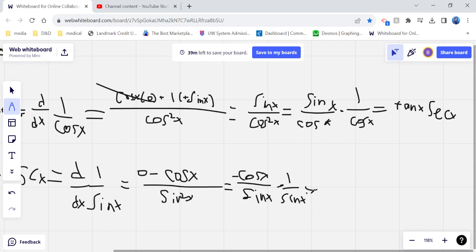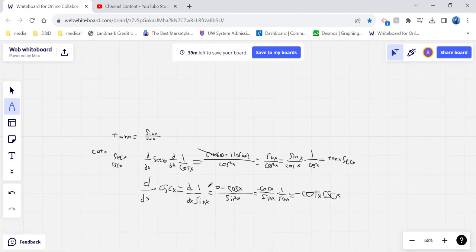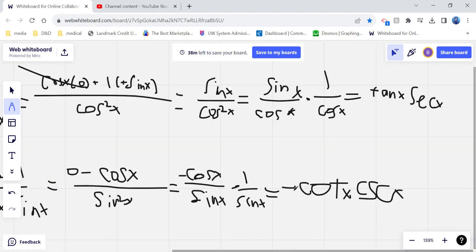Then we apply our trig identities, and what we're left with is negative: cosine over sine is cotangent, and 1 over sine is cosecant. So then we know that the derivative of cosecant of x is negative cotangent of x times cosecant of x.